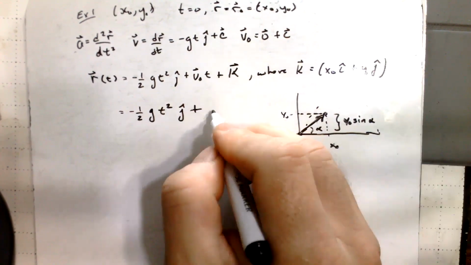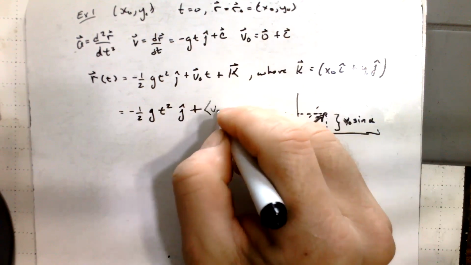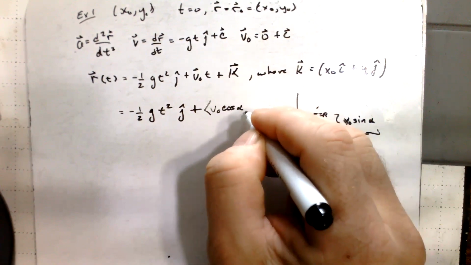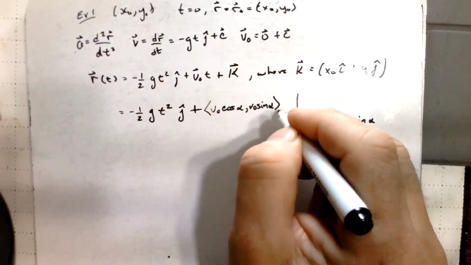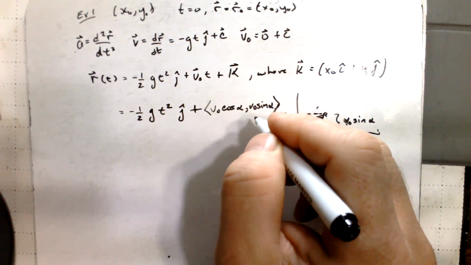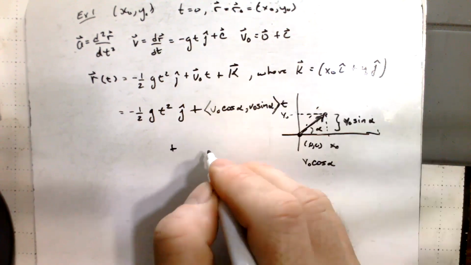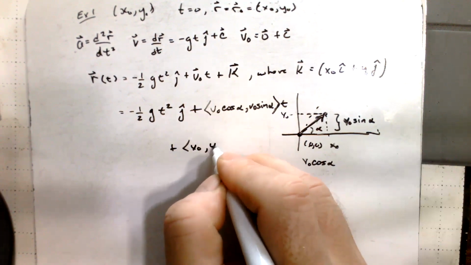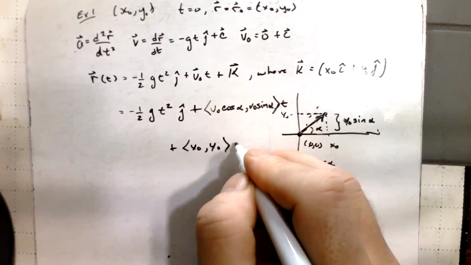So v naught then is going to be, using the vector notation, v naught cosine alpha, and then v naught sine alpha in the j hat direction. So this is writing it component wise, and this is going to be times t plus, and then we have an x naught and a y naught as the constant term.